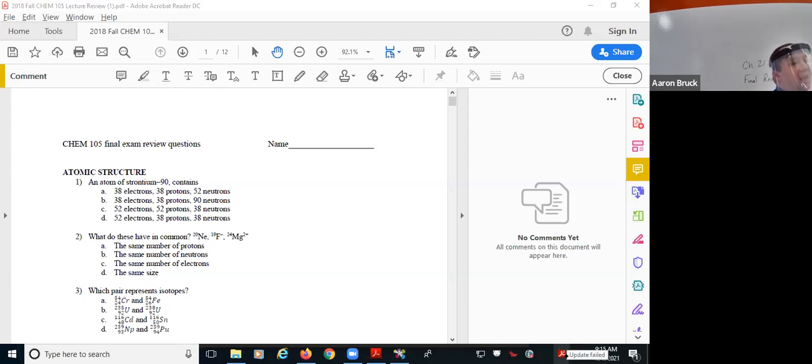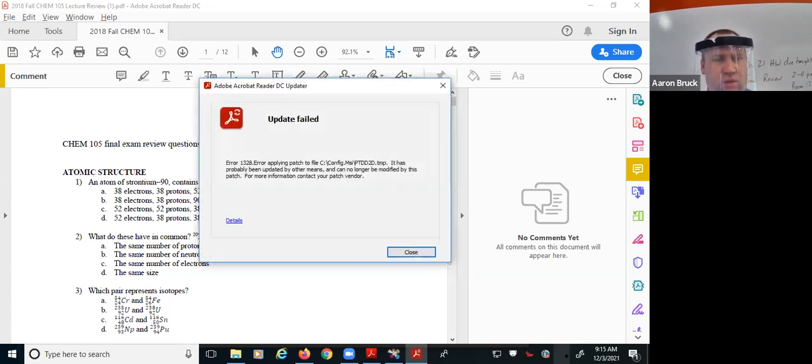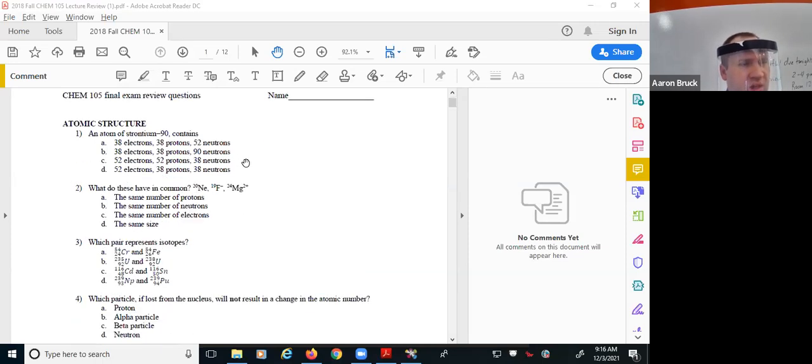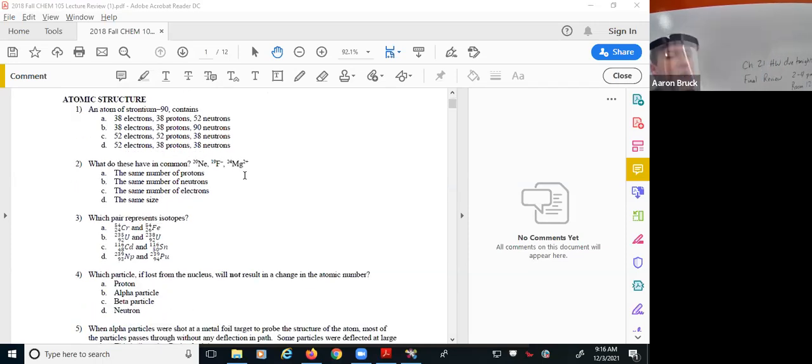So let's take a look at a couple of these examples and go over what we mean in each of them. A lot of this stuff harkens back to our chapter 2, but we did see a whole bunch of it just recently in the nuclear chapter.